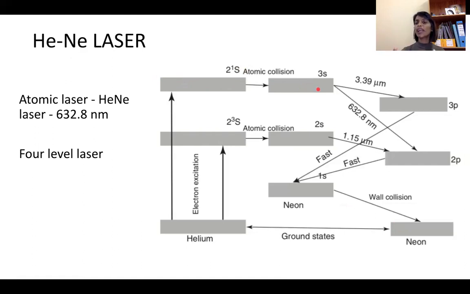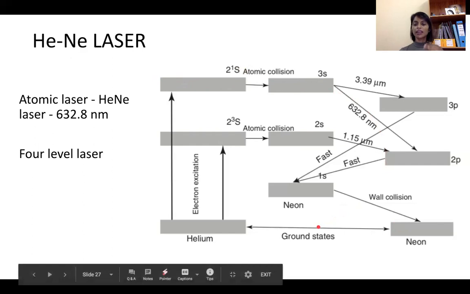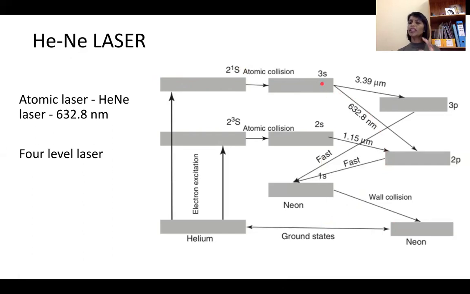That means this neon atom is capable of absorbing that energy because that is the correct energy for it, so it can transfer the electrons in the ground state to this 3s state. So the helium, when it is excited, has the correct energy to excite the neon, and in the inelastic collision, these neon atoms are excited into a higher energy level.